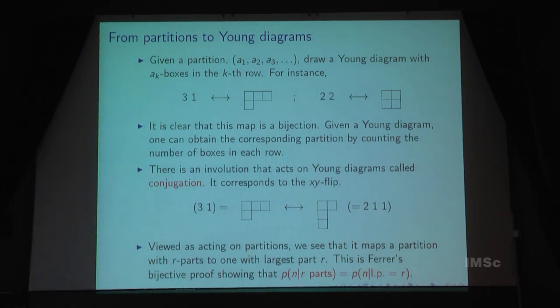It's a map from a set to itself, but sometimes it gives you the same element, and then you call it a self-conjugate partition. But it now gives you a very simple way of showing that the partitions of n with R parts must equal the partitions of n whose largest part is R. It's reduced to looking at pictures and operations.